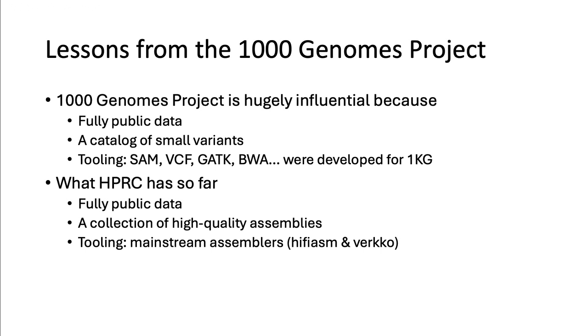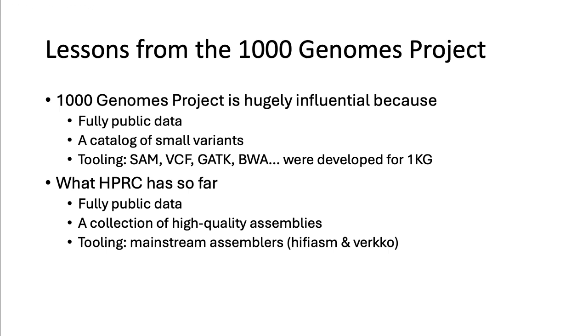The first is the catalog of small variants. Currently everyone is using it. And secondly is the tooling. If you think about what you use today, the SAM format, the VCF format, GATK, BWA, all come from the Human Genome Project. Without it, the development of these tools would be much delayed.